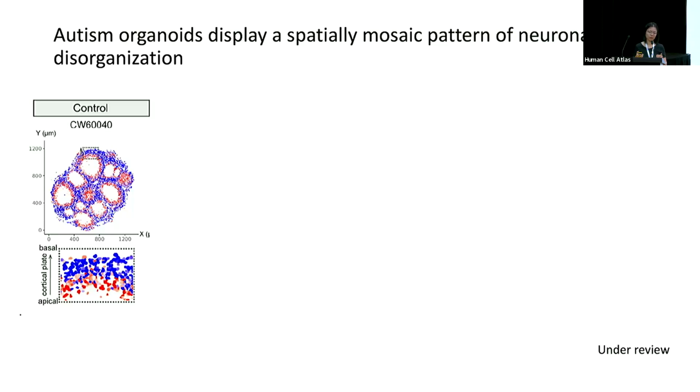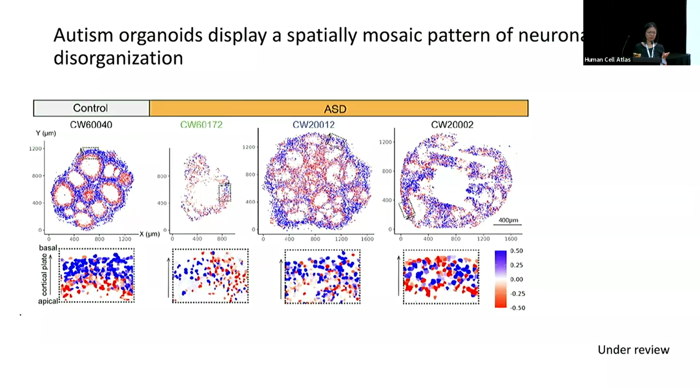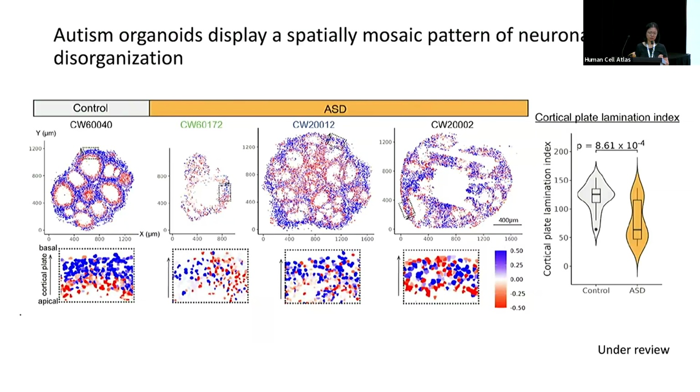Blue and red represent 2 different classes of neurons. In the control, you see that they are very nicely layered, one on top of the other. If you look at the autism organoids, here I'm showing you 3 different samples, you'll see that they are completely disorganized. We can quantify this using an index called the lamination index. This is very exciting to us.